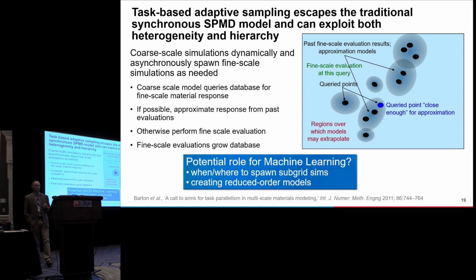I'm a little bit of a novice in this area, but it's something that we're intrigued by. Can we use machine learning in two potential ways? One is to know where to optimally do the sampling of the lower length scale calculations, and also how to maybe build surrogate models on the fly from those sampled lower length scale simulations, because we can't afford to do it everywhere.